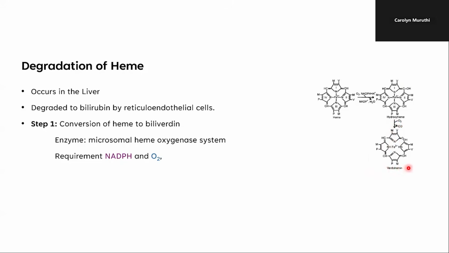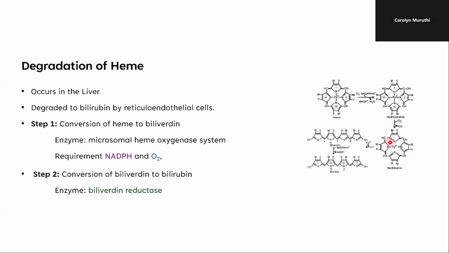Verdoheme is further oxidized. Here it completely loses its ferrous ion and it opens up to form a linear tetrapyrrole known as biliverdin.